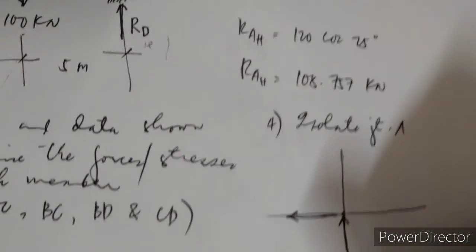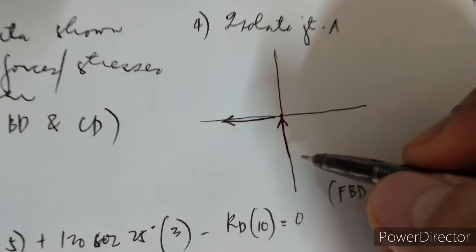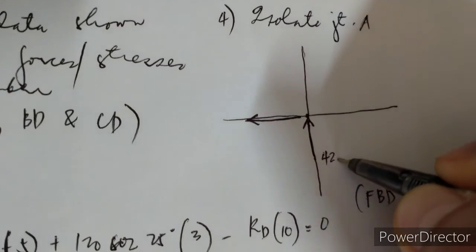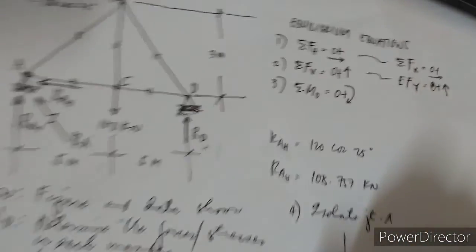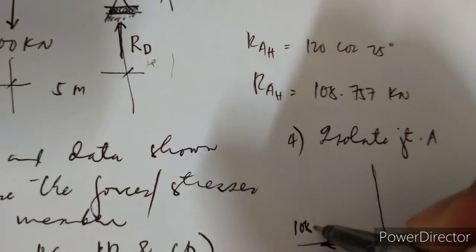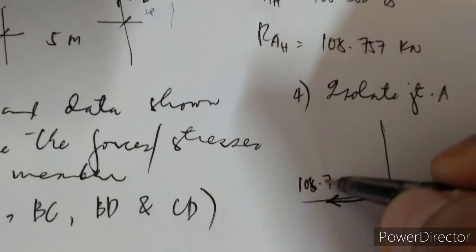What's the value of this? Let's put the values so that you will not be confused later on. RAV is 42.73 kilonewtons. How about RAH? We have 108.757 kilonewtons.